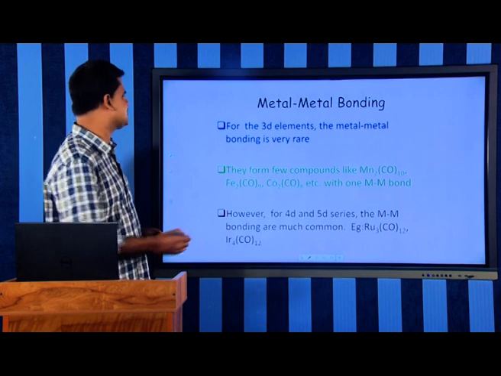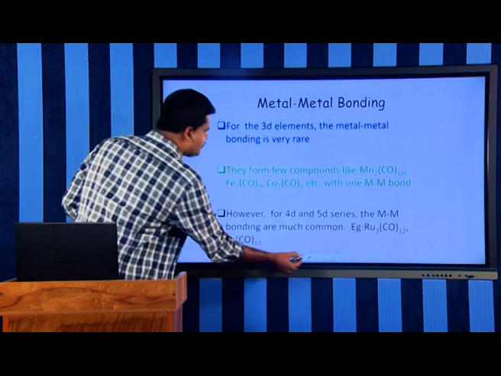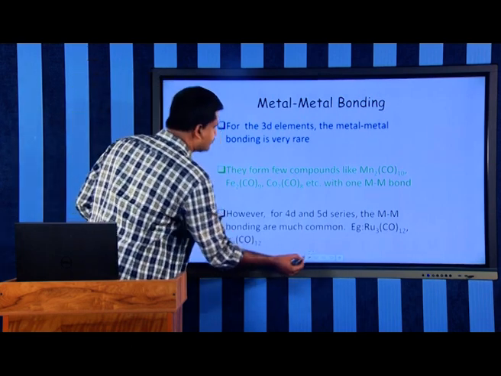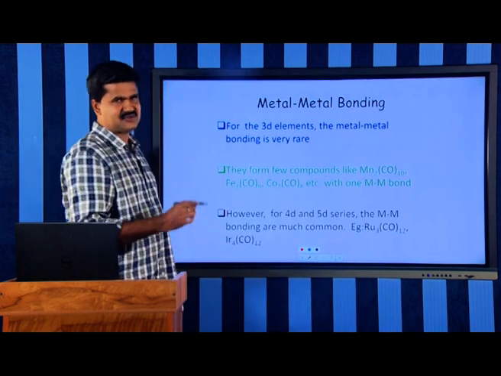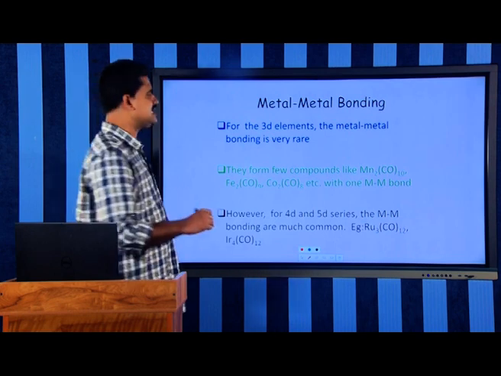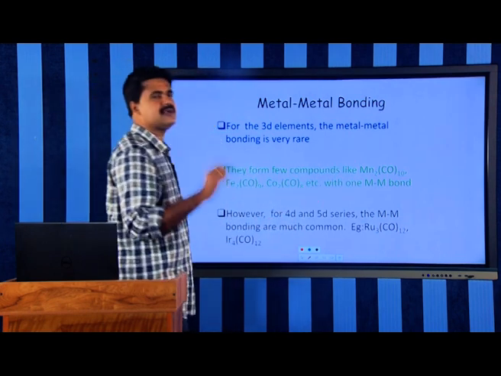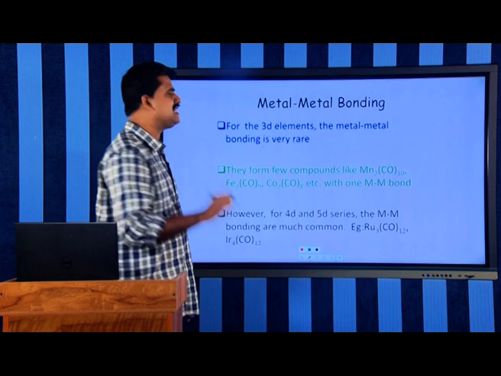For instance, let us take the case of Mn2(CO)10. In the case of Mn2(CO)10, manganese is from the 3d series. This Mn2(CO)10 consists of only one metal-metal bond.